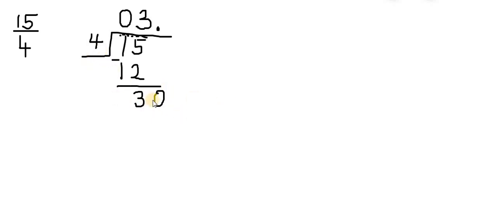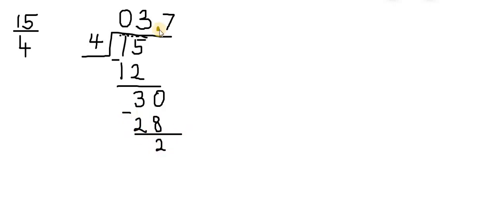How many 4s in 30? If you go through your 4 times table, you will find out that that's 7, which gives you 28. You subtract, you have a 2.